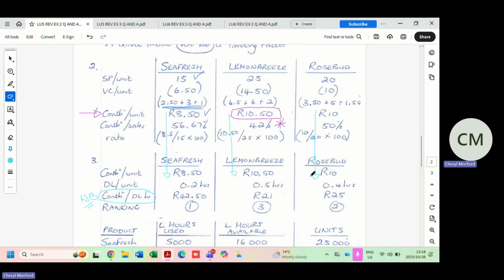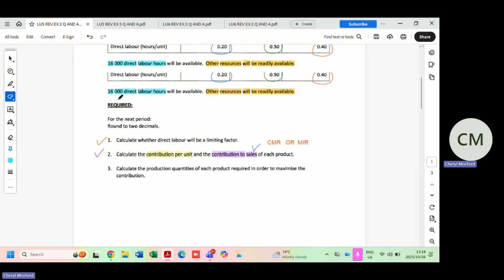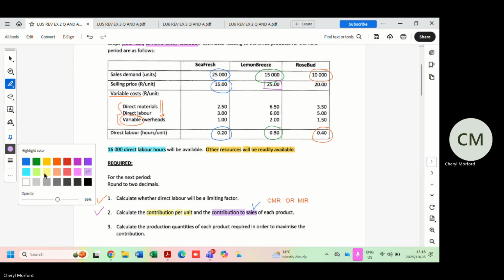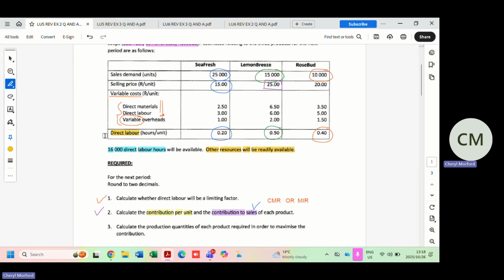Then this next line is the important piece of information. We must now find how much time labor works on each of them. So this is why we need to use the direct labor hours per unit.